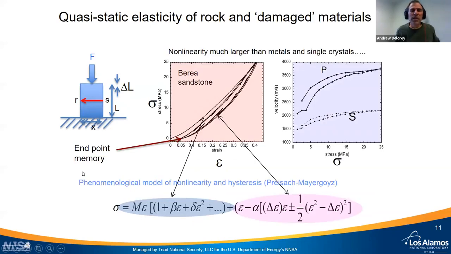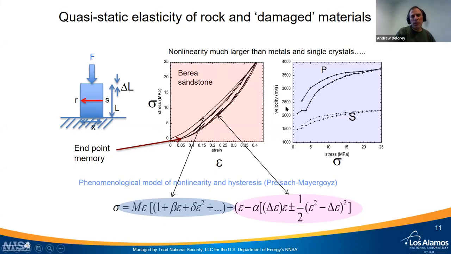And then we have the hysteretic nonlinearity in damaged or heterogeneous materials. Then we have another term which has the strain and the strain rate in it, and you'd have a function that looks like this, where strain history is important.